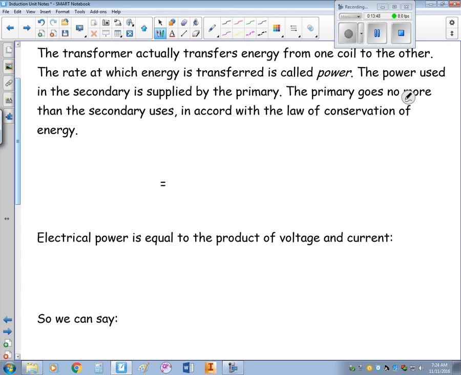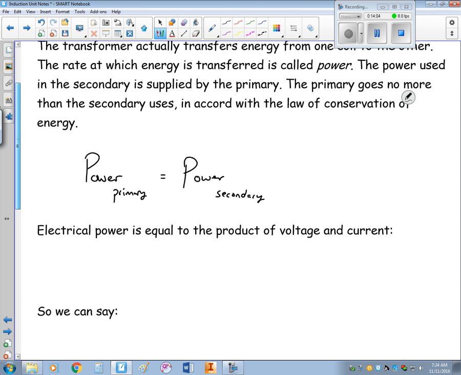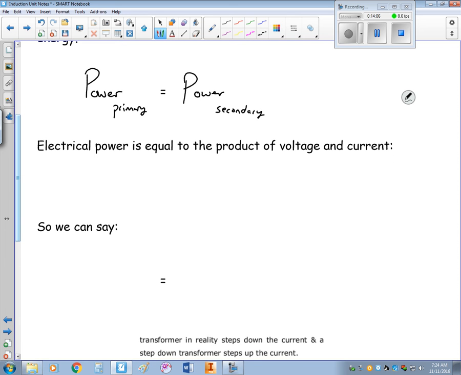So in other words, the power in the primary equals the power in the secondary. So conservation of energy is still being upheld. Now, electrical power is the product of current times voltage.